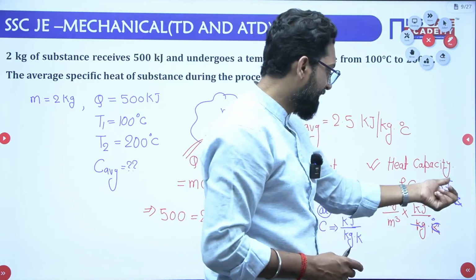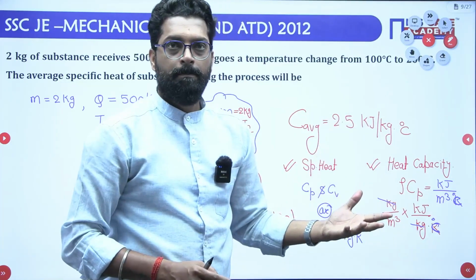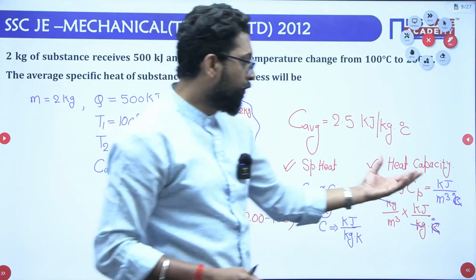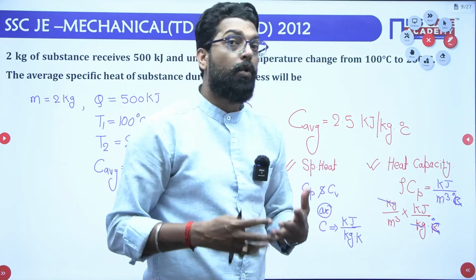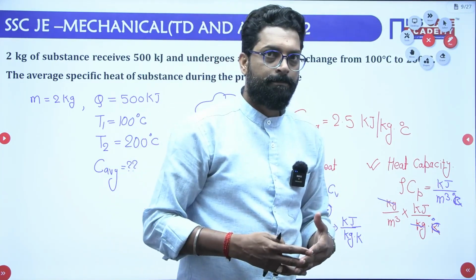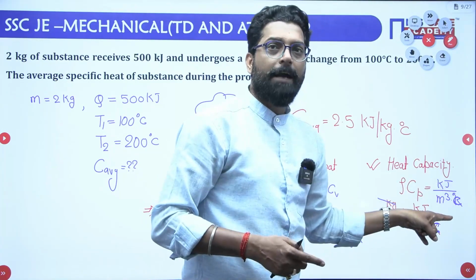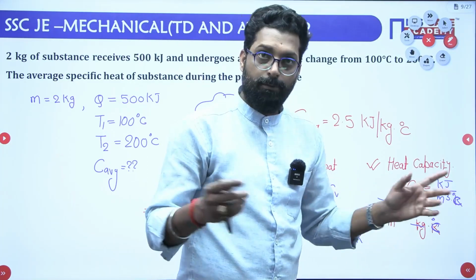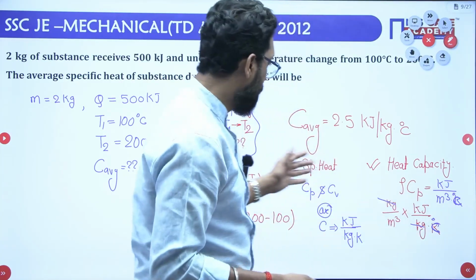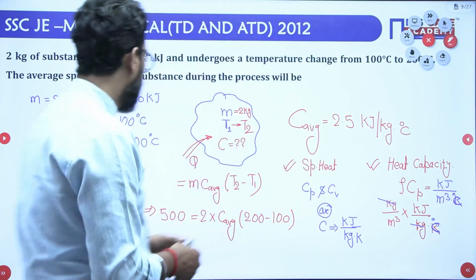So this indicates the diffusion of heat. The higher the heat capacity, the lower the diffusion of heat. The lower the heat capacity, the higher the diffusion of heat within the material. So that is the difference between specific heat and heat capacity. Now next question.